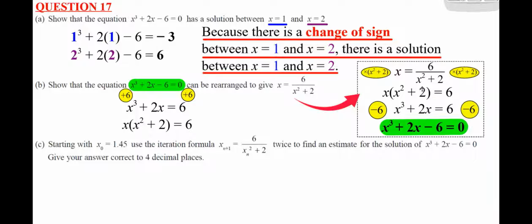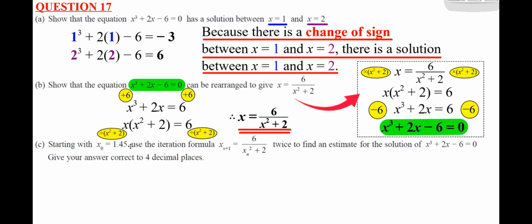Then finally, the opposite of multiplying by x squared plus 2, we can divide both sides by x squared plus 2. So we arrive at x equals x over x squared plus 2, which is what we wanted to prove, and so we're done.